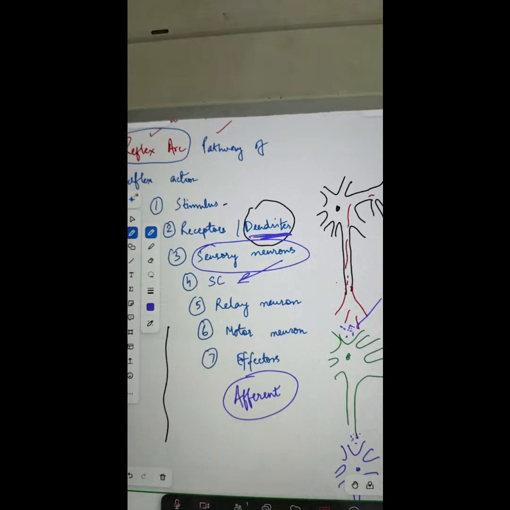Okay, so afferent neurons will be the word that will be helpful for class 11th biology. Class 10 students can just understand sensory neurons. So sensory neurons, what are they doing? They are just collecting the information from the receptors and passing on from one neuron to another till it reaches the spinal cord for processing.